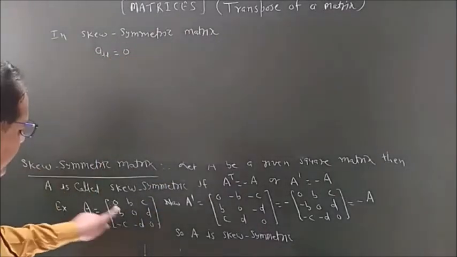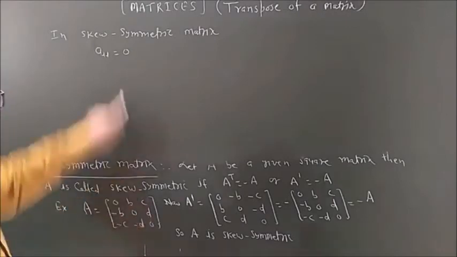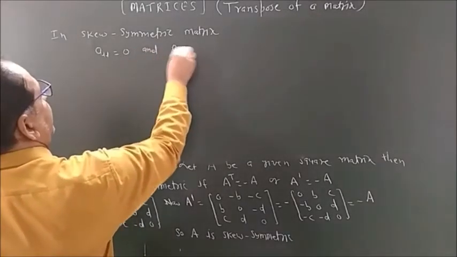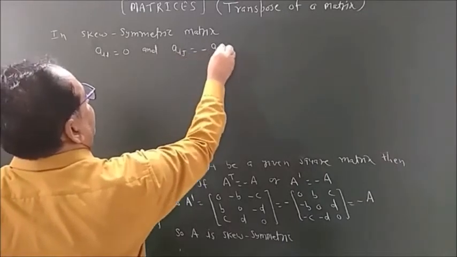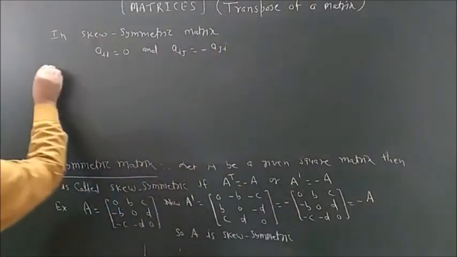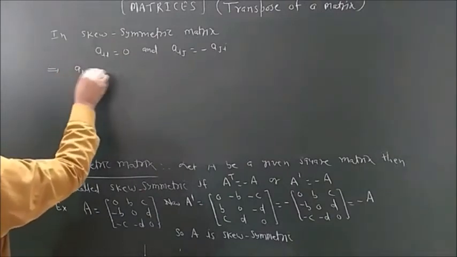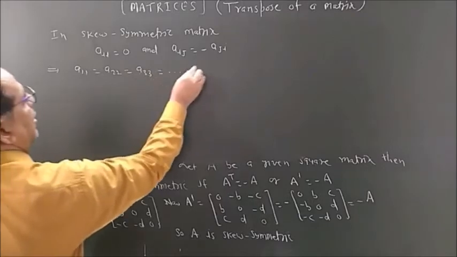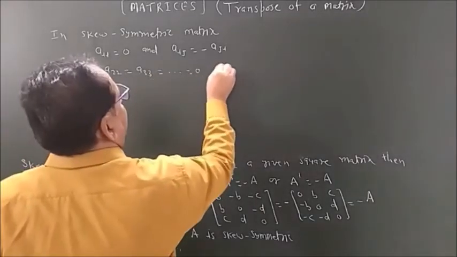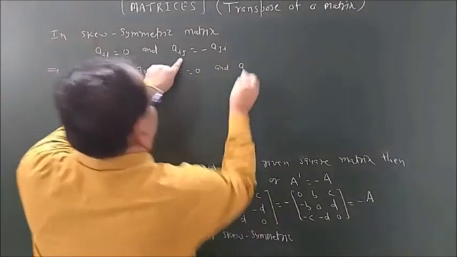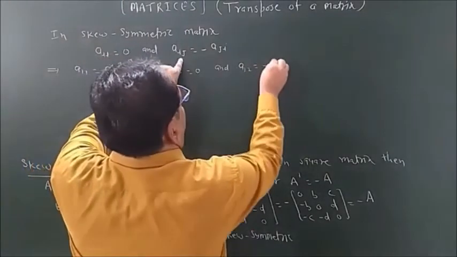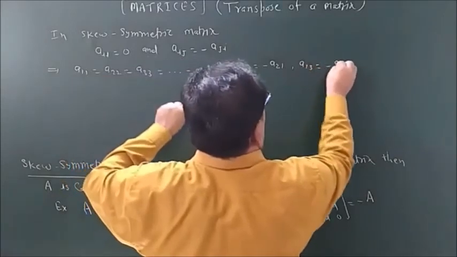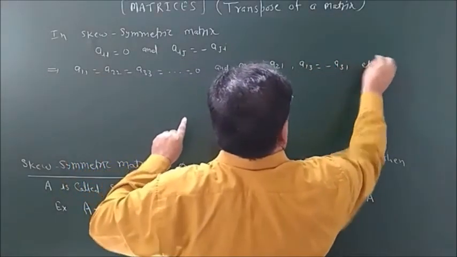That means A11, A22, A33 are equal to 0, and Aij equals minus Aji. This implies that A11, A22, A33 are 0, and suppose A12, this becomes minus A21, A13 becomes minus A31, etc.